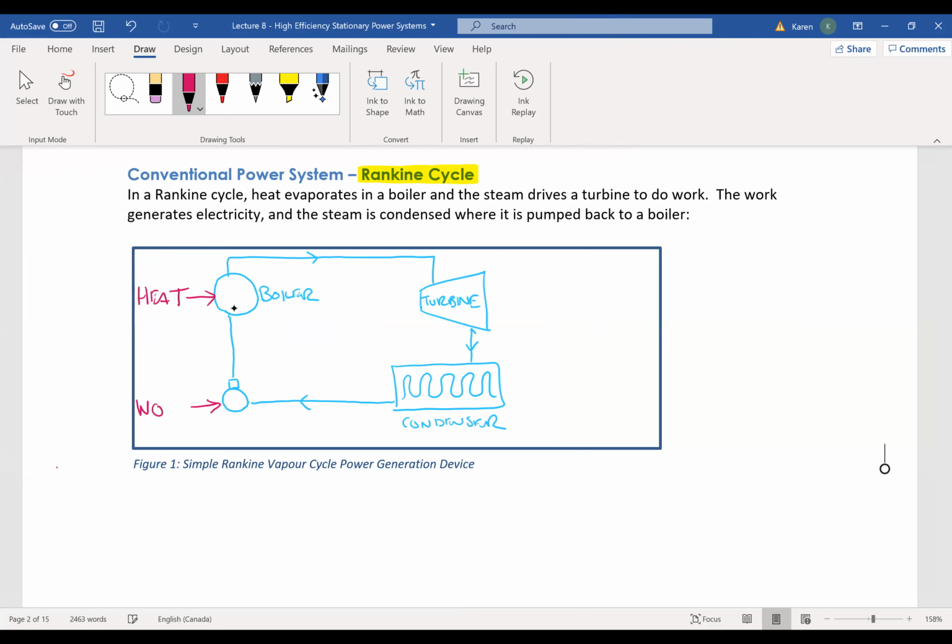And then work has to be put into this pump, which also costs energy. And of course, we get work out, which could then go to a generator, turn the generator to make electricity. And that is how a conventional power system is set up, not a high efficiency power system.